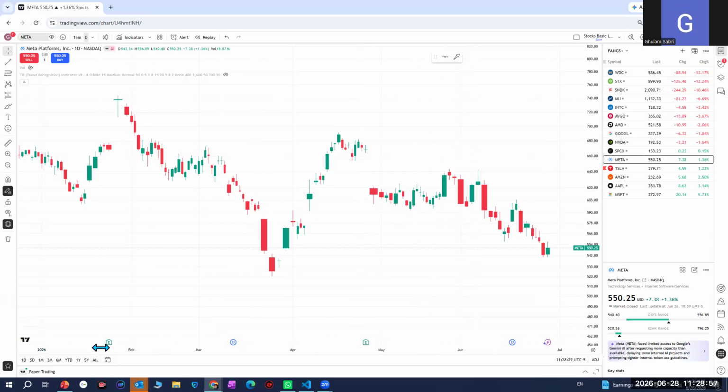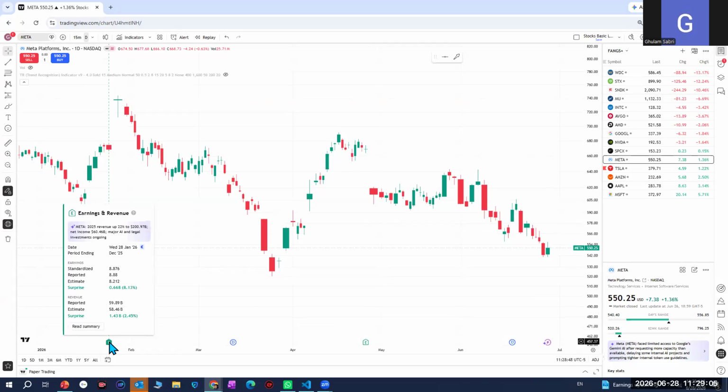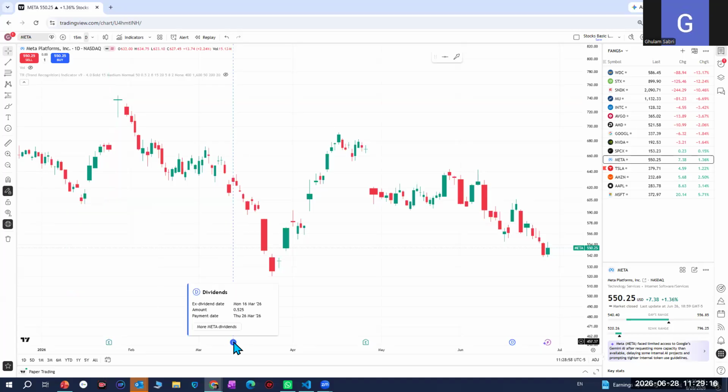On the bottom side, if we are showing the daily or the weekly, it will tell me when the earnings were. This earning was announced on 28th of January, and this was a surprise in earnings and revenue. This is the ex-dividend date, when the dividend was booked.